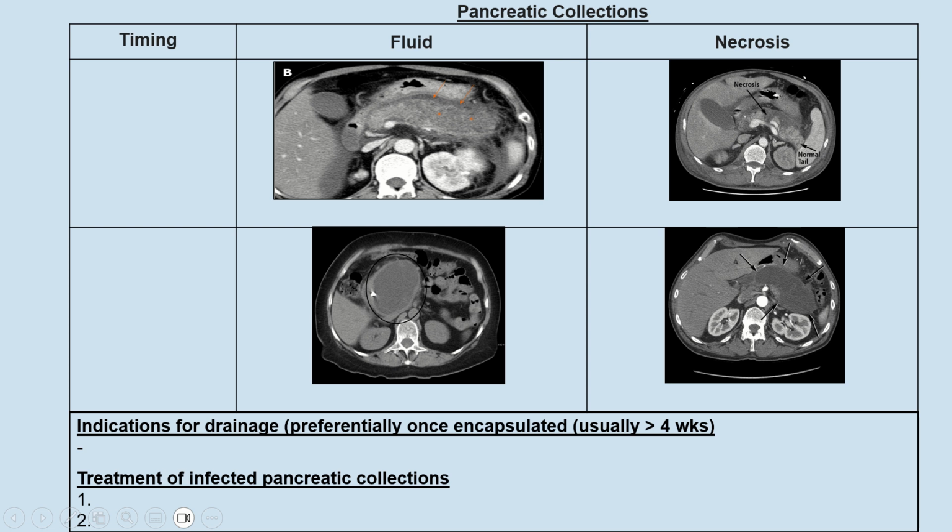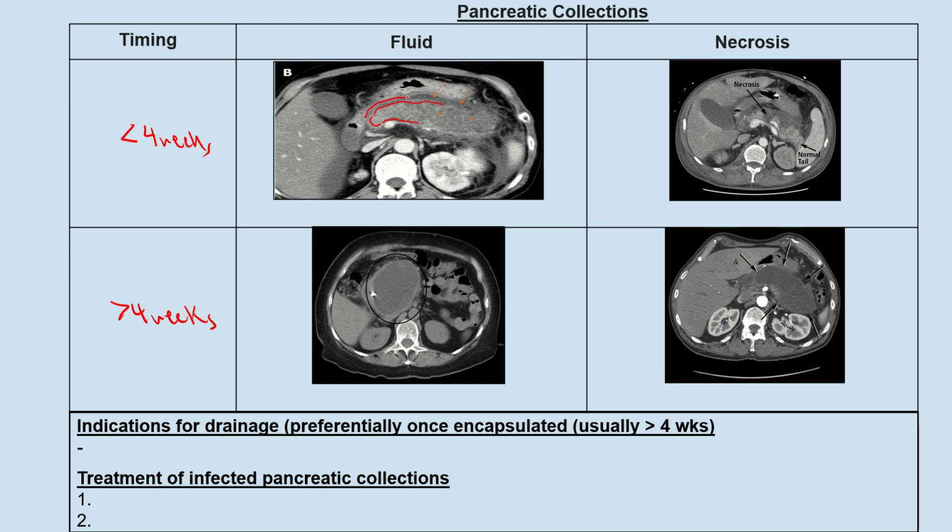the abdomen. So going over the pancreatic collections, these are described by time course. Less than 4 weeks and greater than 4 weeks is going to be our cutoff for time course. So your first one, and this is basically the pancreas. You can see that it's edematous. You can see that there's inflammation going on.